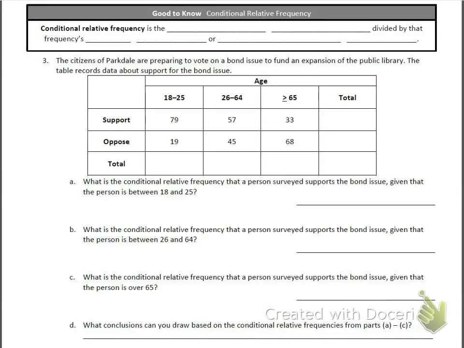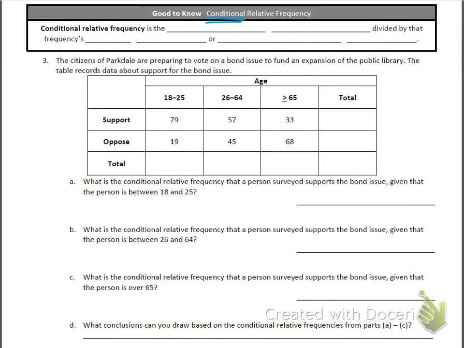But the word conditional means that what I'm looking for depends on something else. So conditional relative frequency means that I'm not looking at the frequency relative to the total. It means I'm looking at a frequency relative to whatever my condition is. And I'll show you what I mean in a second.